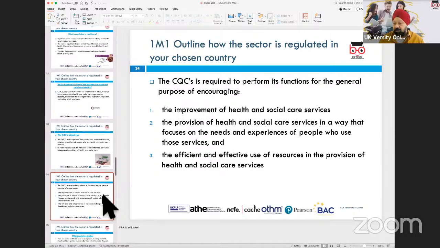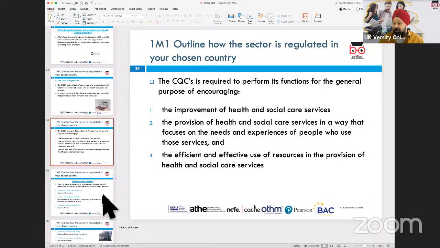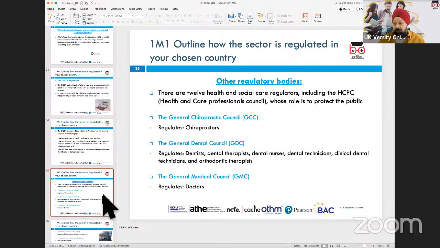And in such cases, even criminal investigations can be started off if it finds that there have been serious breaches of certain policies and procedures which it prescribes, and they have not been followed in that particular setup. Now, there are other regulatory bodies.